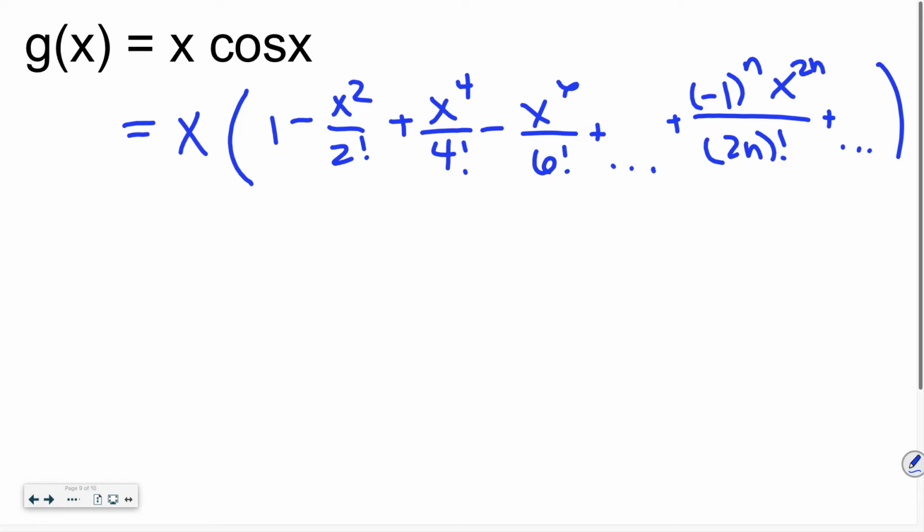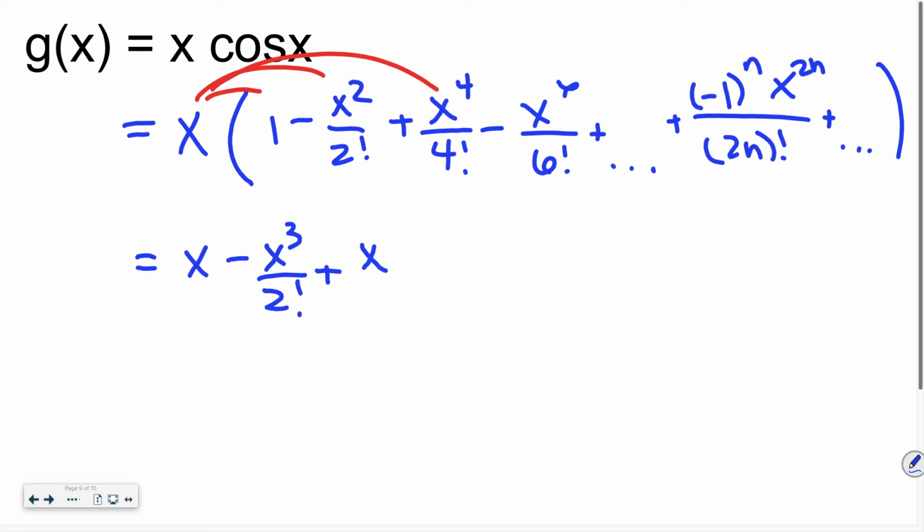Okay, so we have x times the power series for cosine. And all we have to do is take x and multiply it through. So if we were to distribute this infinitely, we get x minus x cubed over 2 factorial plus x to the 5th over 4 factorial minus x to the 7th over 6 factorial.